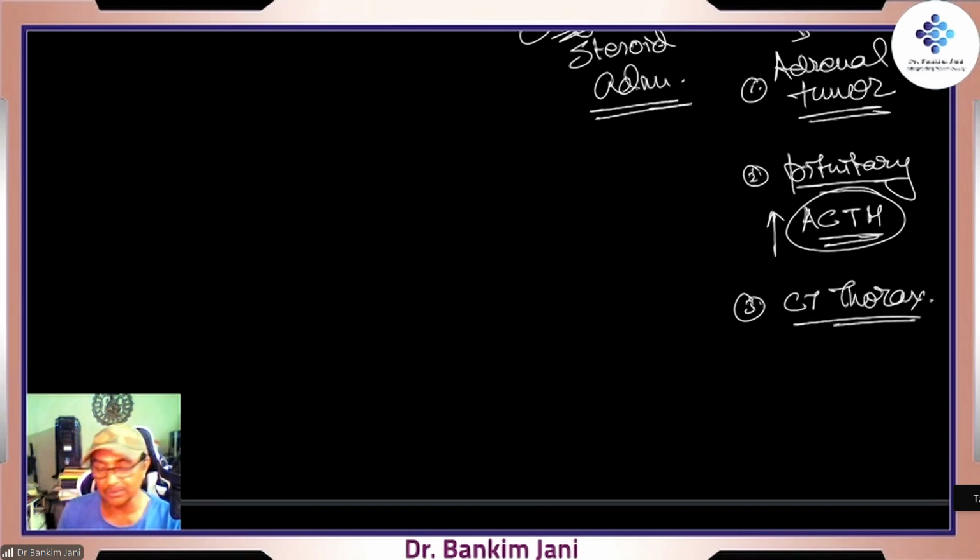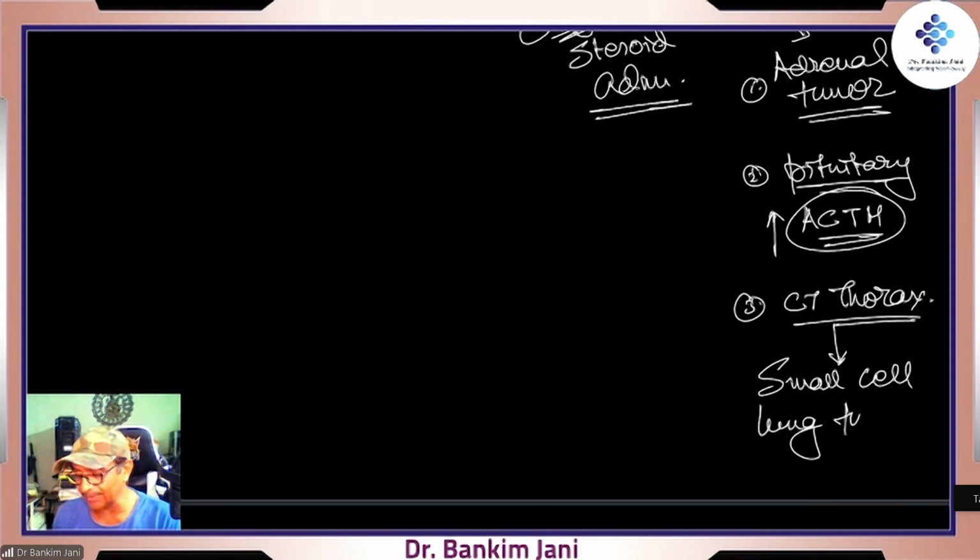If the patient is coughing and there is respiratory compromise, you are expecting a small cell lung tumor, because small cell lung tumor can also lead to an increase in ACTH. For that you need a CT scan.